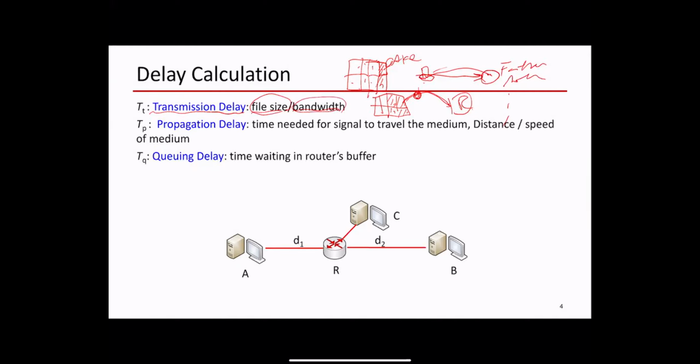Now you understand this. Propagation delay is the time needed for the signal to travel, depending on the distance and the speed of the medium. How long does the baby take to get from the cake to the father, or to the mother, or your video from YouTube to your computer? And queuing delay is the waiting in the router's buffer.